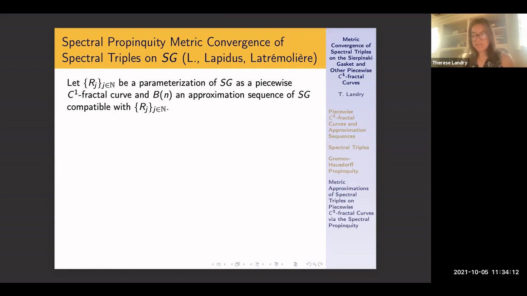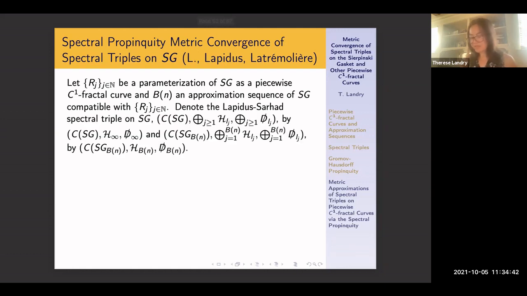So going back to our setting of the Lapidus-Sarhad spectral triple on a piecewise C1 fractal curve, let's first consider the example of the Sierpinski gasket, for which we have an approximation sequence compatible with the parametrization. So we have a spectral triple that is a countable direct sum of spectral triples.